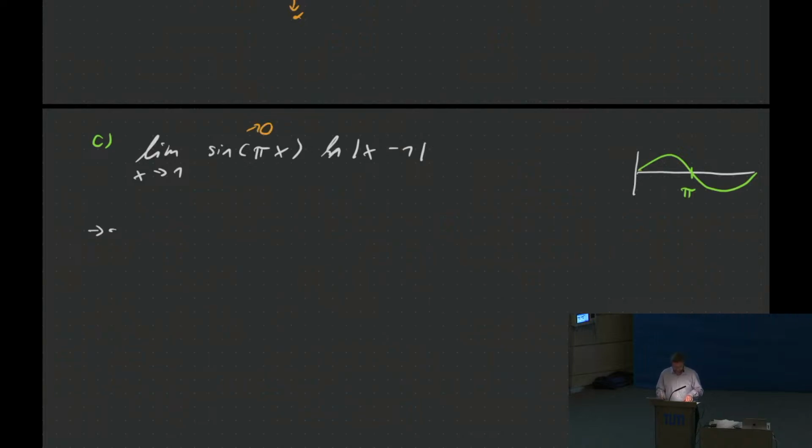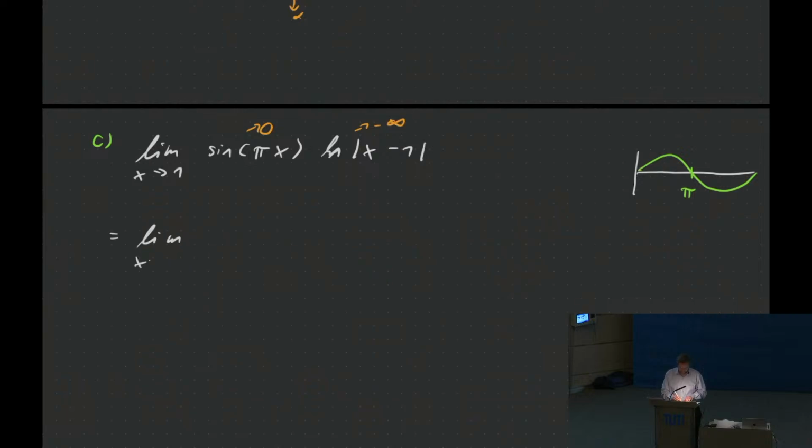And then we have this ln. As x tends to 1, x minus 1 tends to 0, so the ln, of course, tends to minus infinity. So we have a 0 times minus infinity situation, and you remember how to resolve that if we want to apply L'Hopital's rule.